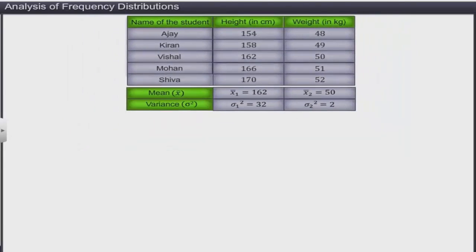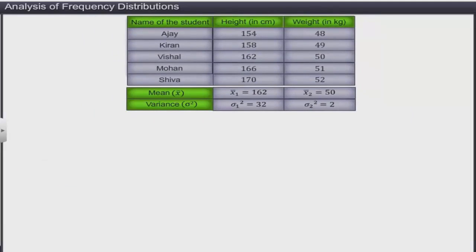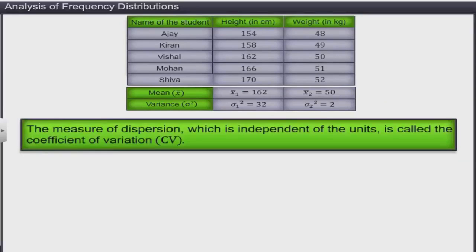How can you say which series is more dispersed? We cannot say which series is more dispersed on the basis of the variance. In such cases, we use another measure that is independent of the units. The measure of dispersion independent of the units is called the coefficient of variation, or CV.